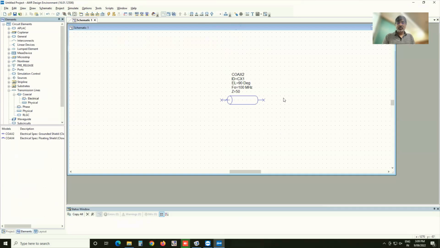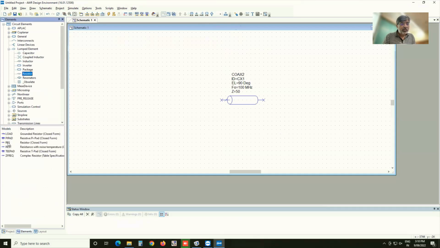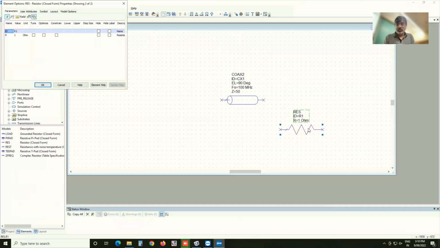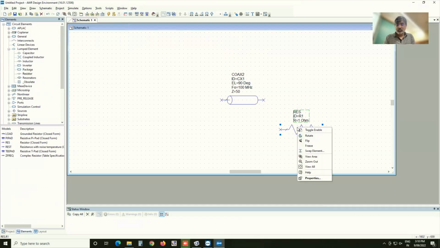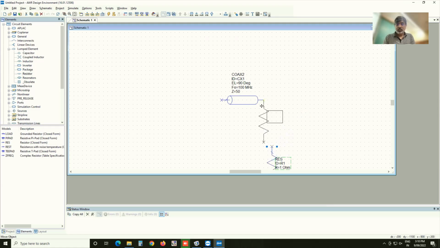Right. So here's your transmission line. I'm going to now take a lumped element for now, a resistor. This is going to be my load, so I'm putting it on one end.